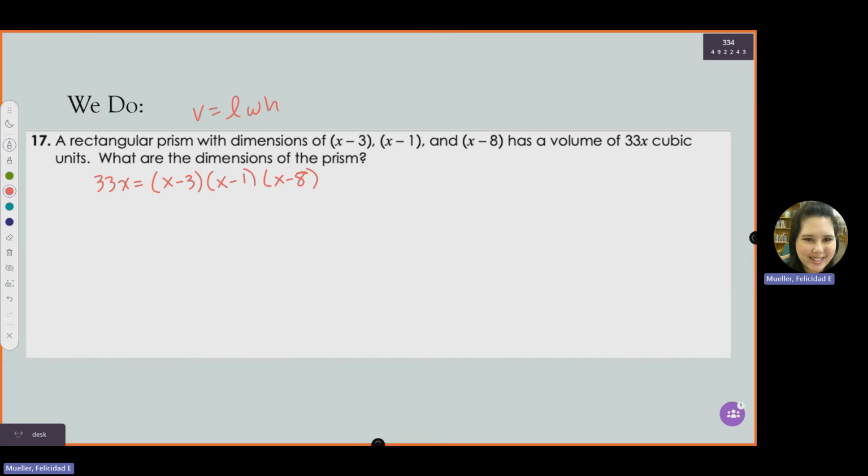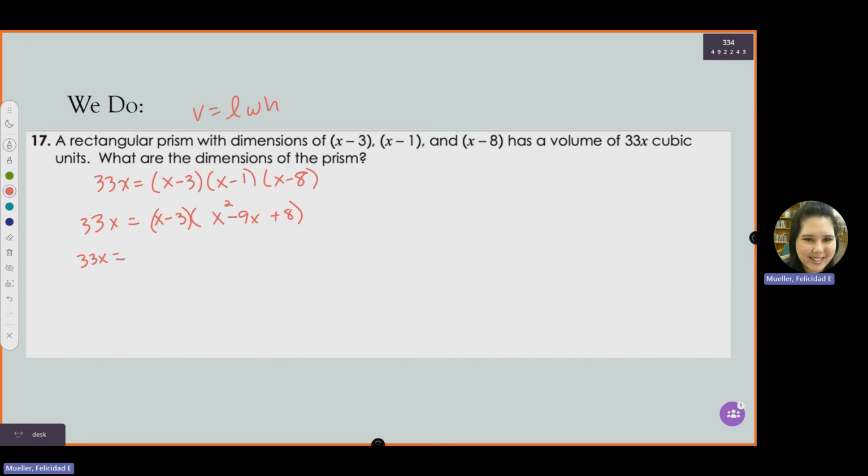So we're going to go ahead and multiply these through. We're going to do x minus 3. We'll leave that one alone. And when we multiply these, we're going to get x squared plus 8. -1 plus -8 is -9, so minus 9x. So 33x equals. So when we distribute here, I'm going to do a box.